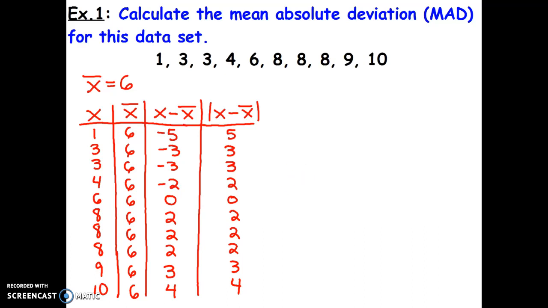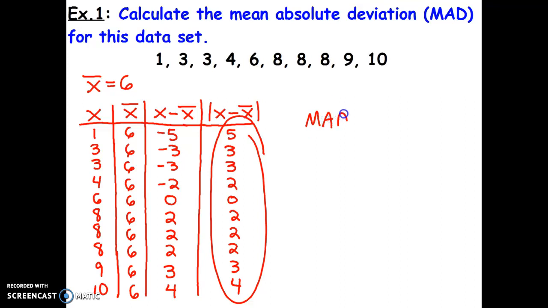All right. And lastly, we are simply going to find the average or mean of all of those numbers in our last column. So 5 plus 3 plus 3 plus 2 plus 0 plus 2 plus 2 plus 2 plus 3 plus 4 divided by 10.